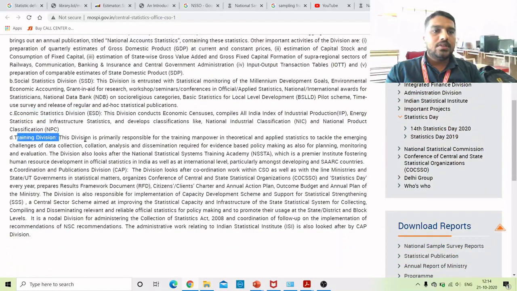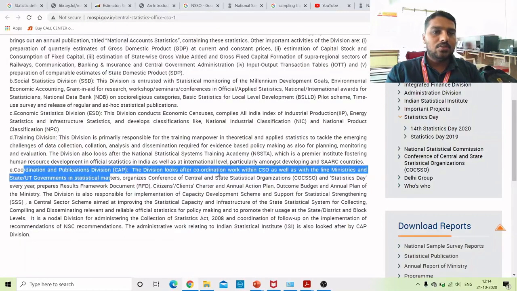Training Division: this division is primarily responsible for training manpower in theoretical and applied statistics to tackle the emerging challenges of data collection, analysis and dissemination required for evidence-based policy making. And last, the Coordination and Publication Division.